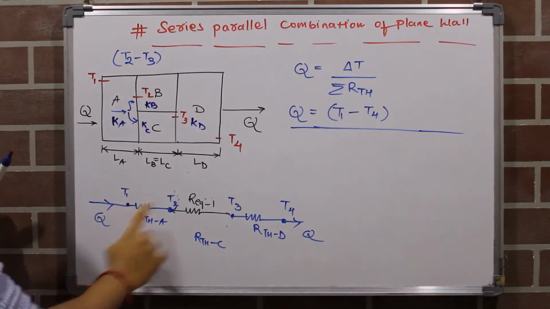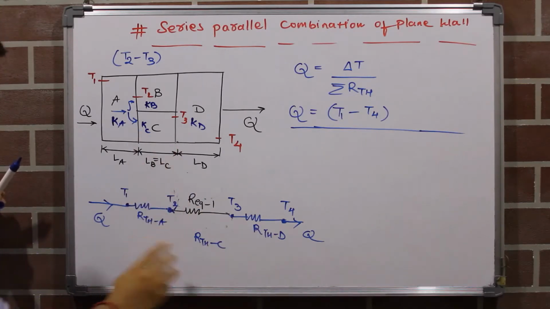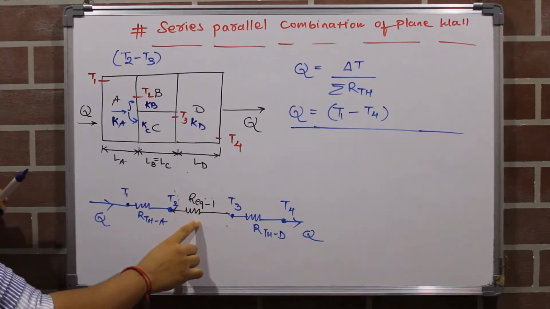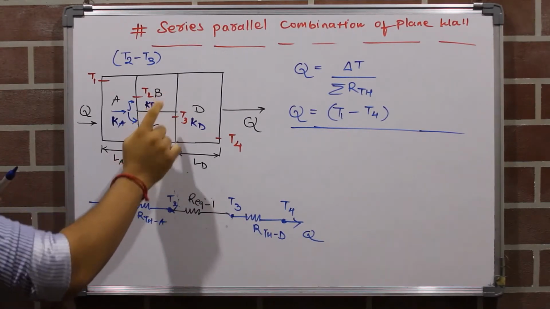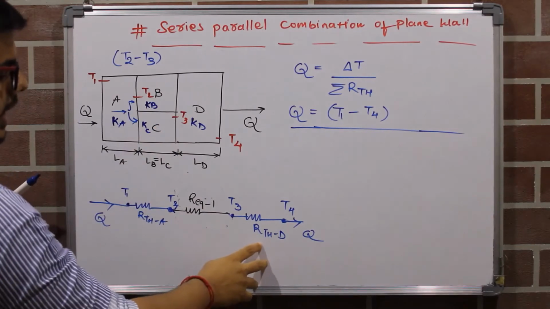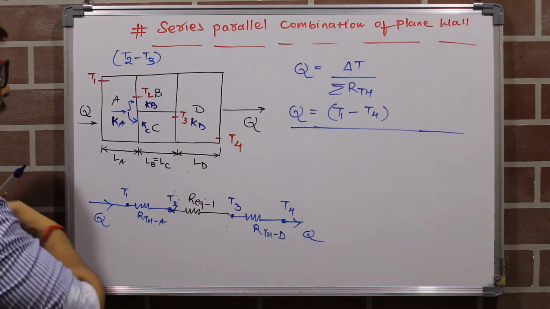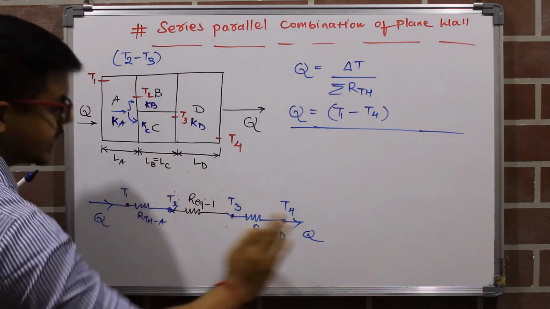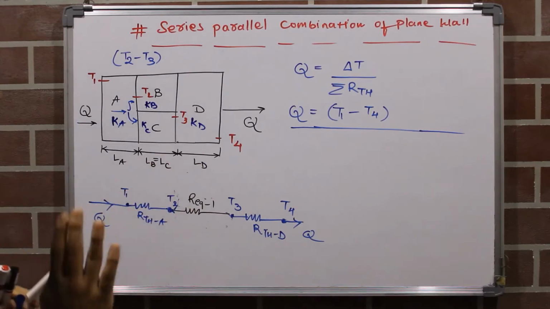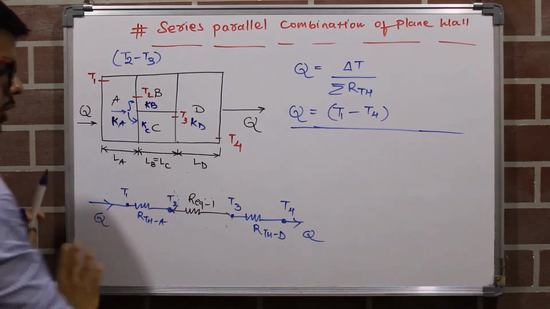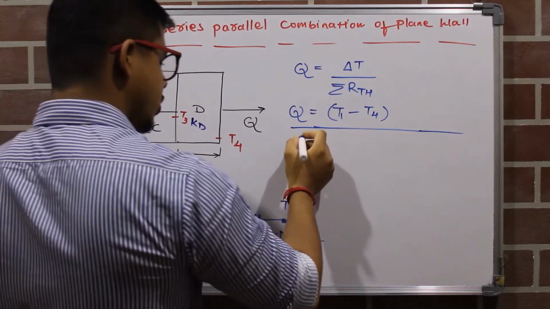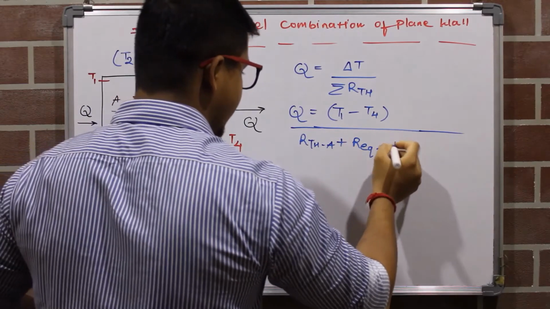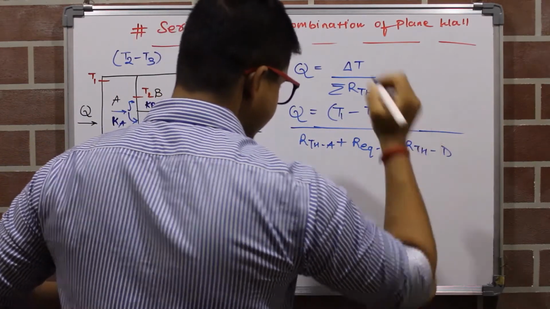From T1 to T4 we have three resistors: RTH A, R equivalent, which is the equivalent resistance of B and C walls, and the thermal resistance of wall D. We will add all of them because these three resistors are in series combination. I hope you got the idea. So it will be RTH A plus R equivalent 1 plus RTH D.